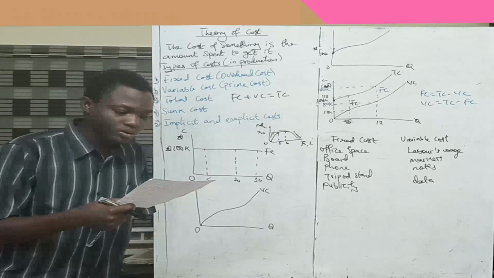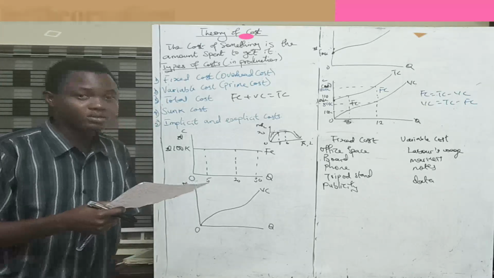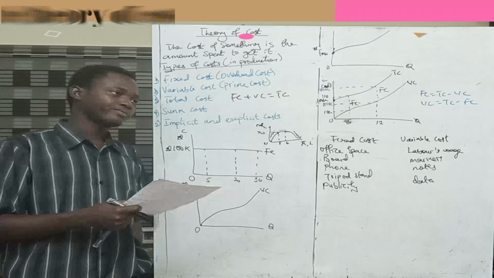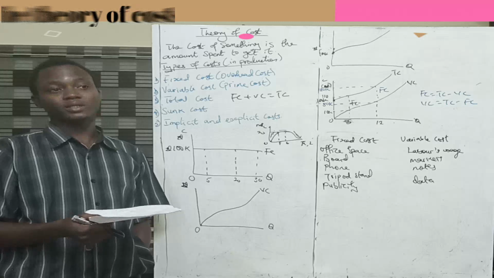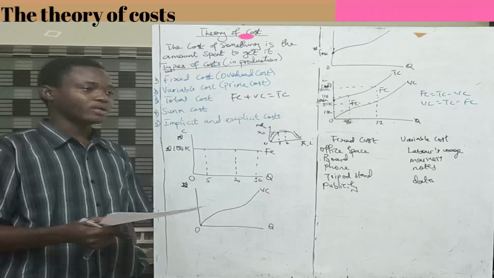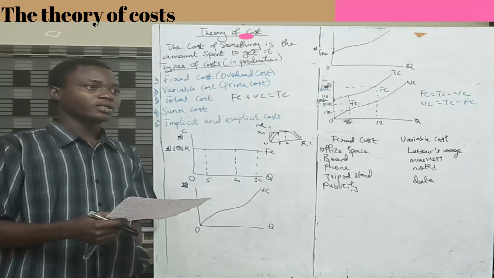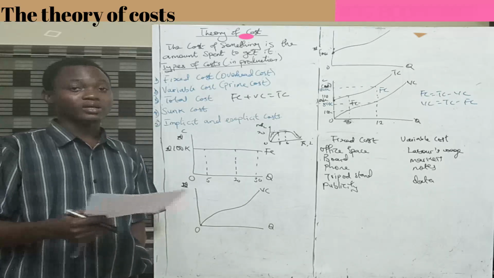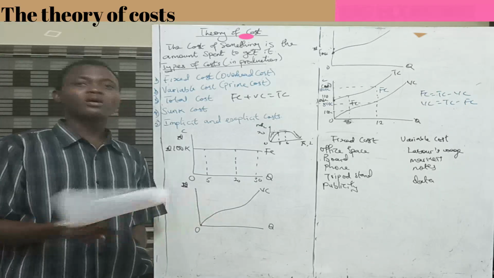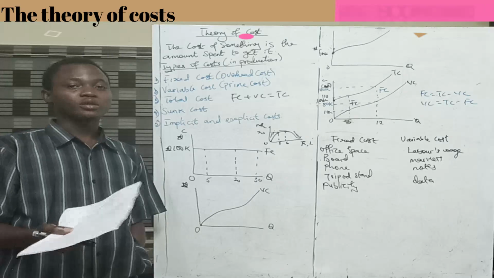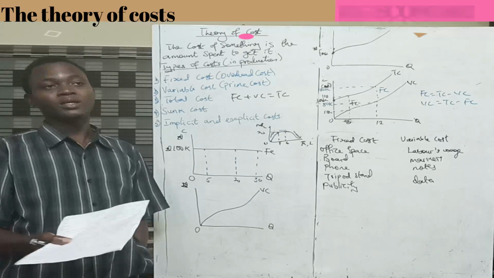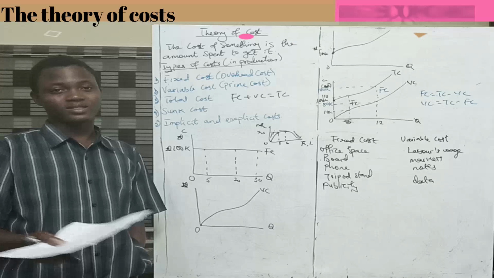Now there is another example of a sunk cost. Let me say a pharmaceutical company. We've gone beyond the COVID times, at least in Nigeria here, at this particular time in 2022. Let's say a pharmaceutical company during the period of COVID thought that it could get the drug that was going to cure COVID. That's the technical term.